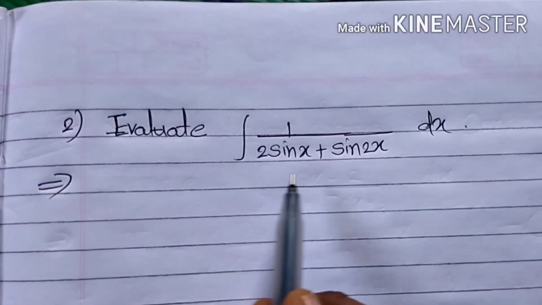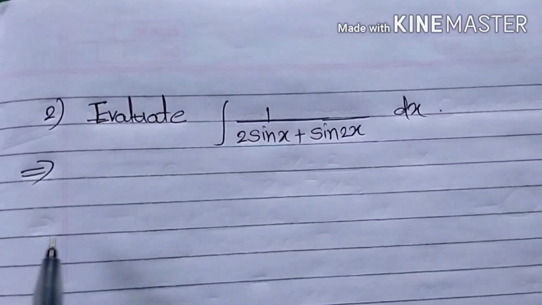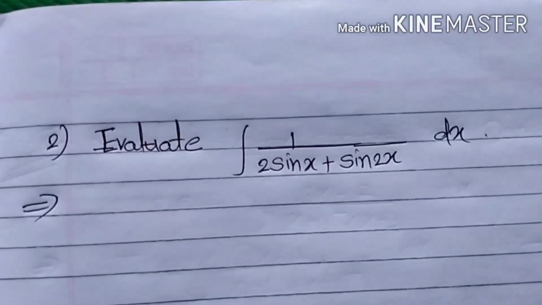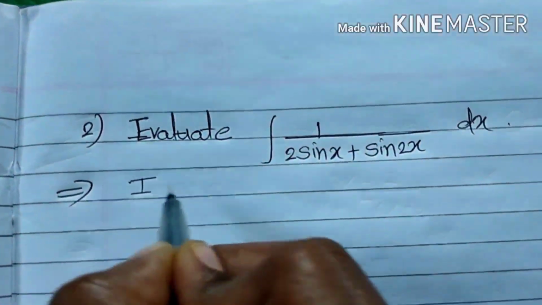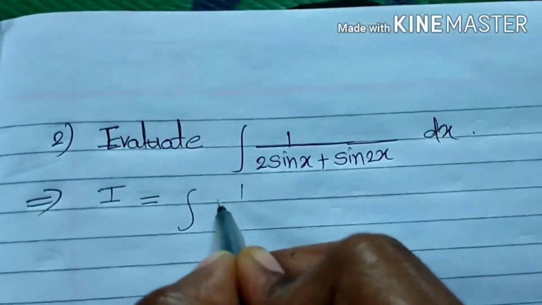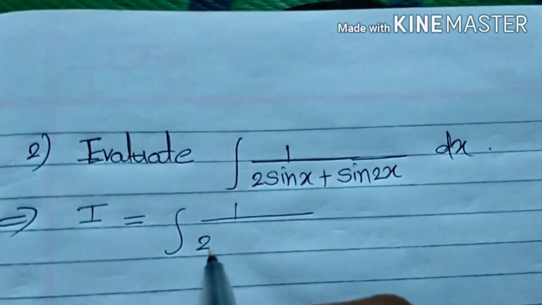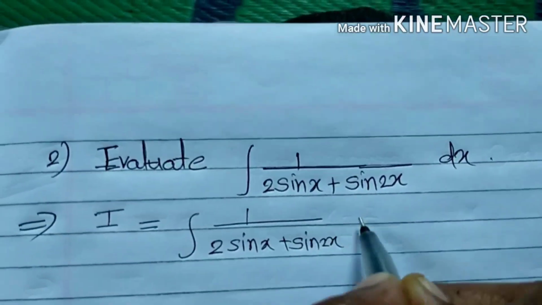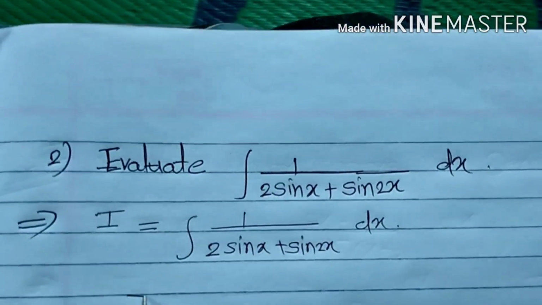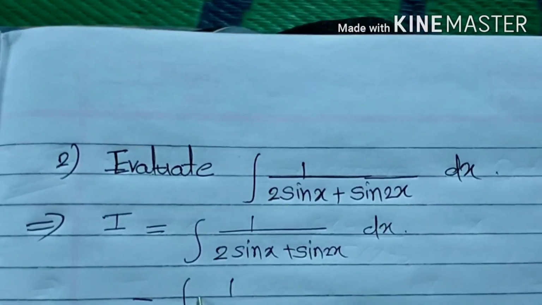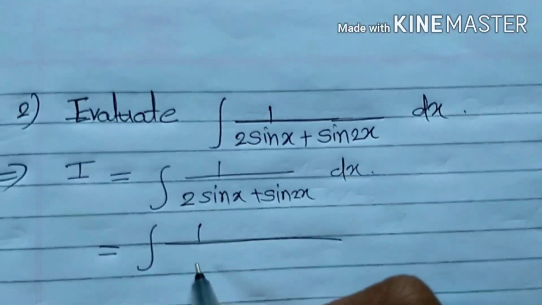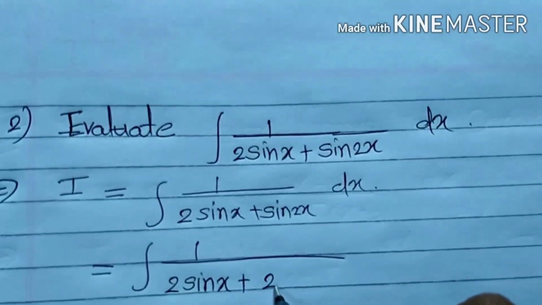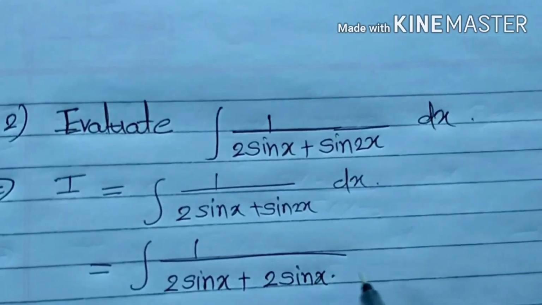Now next example, evaluate this. This is also our type second example, repeated linear factors. Before that, let I is equal to integration of 1 upon 2 sin x plus sin 2x dx, which is equal to, we know the formula sin 2 theta is 2 sin theta into cos theta.